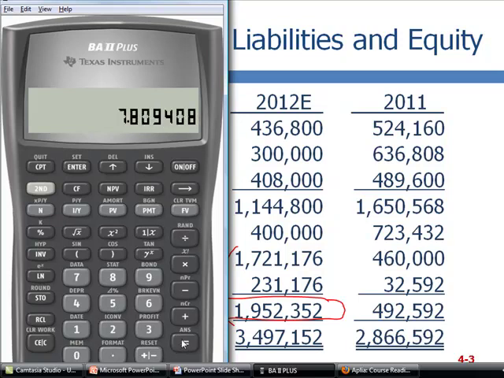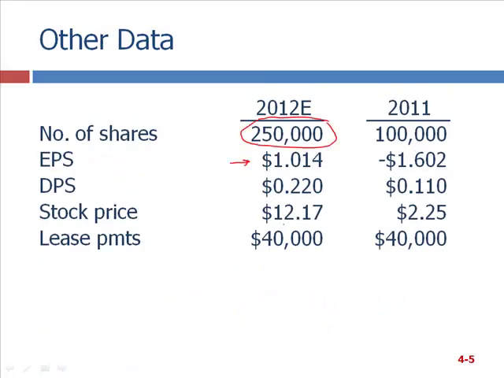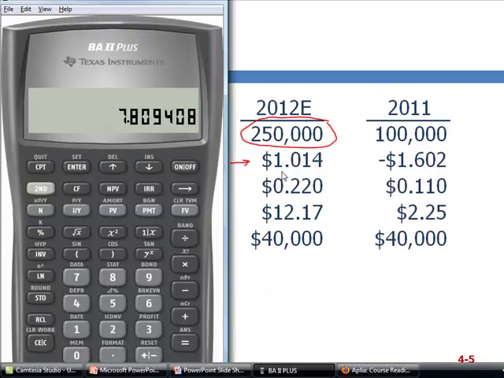So there we go. And so theoretically, if this is what all the equity in the firm is worth, and we divide that amongst the 250,000 shares, then the book value per share should be $7.81 approximately.